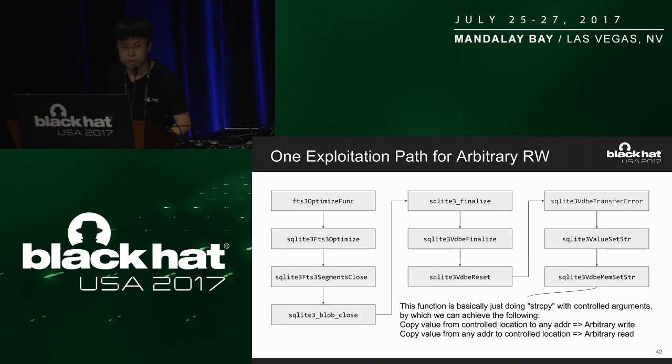By using this function, if we just copy data from some control location to any other address, it is just doing memory write. On the other hand, if we use this function to copy data from any other address to some control location that we can read back, it is just doing memory read.